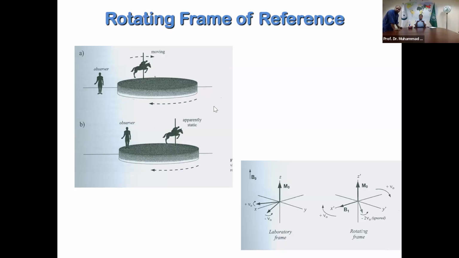For example, she gave the example of two trains. One is a fast train moving with a speed of 301 kilometers per hour, and the other is moving with a speed of 300 kilometers per hour. Assume that you are sitting in the train which is at 300 kilometers per hour.